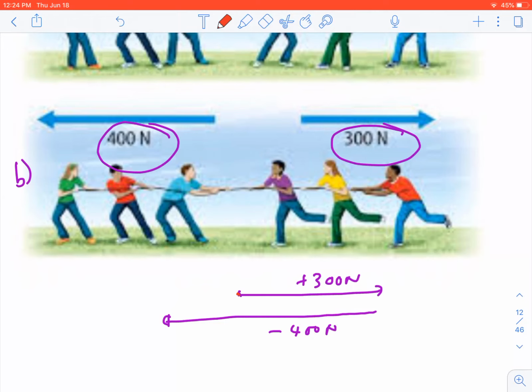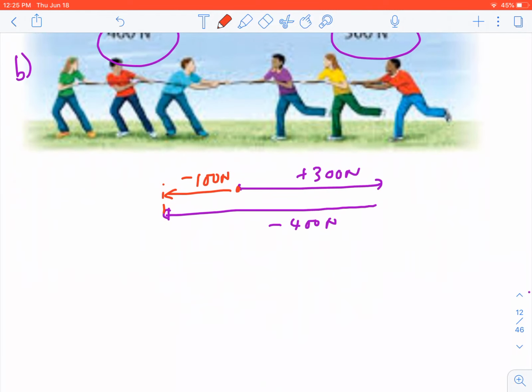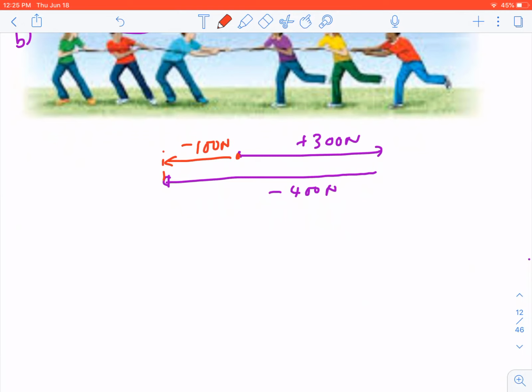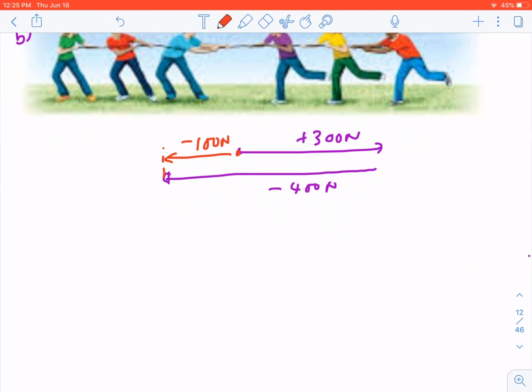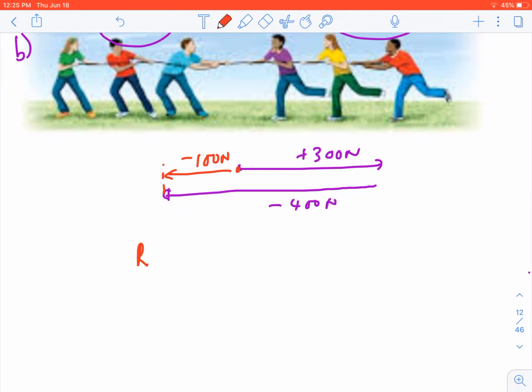Our resultant would be from there to where it is, and that would be 100 newtons to the left. And algebraically, we could say the resultant is equal to 300 newtons plus the other one going in the opposite direction, and that gives us minus 100 newtons.